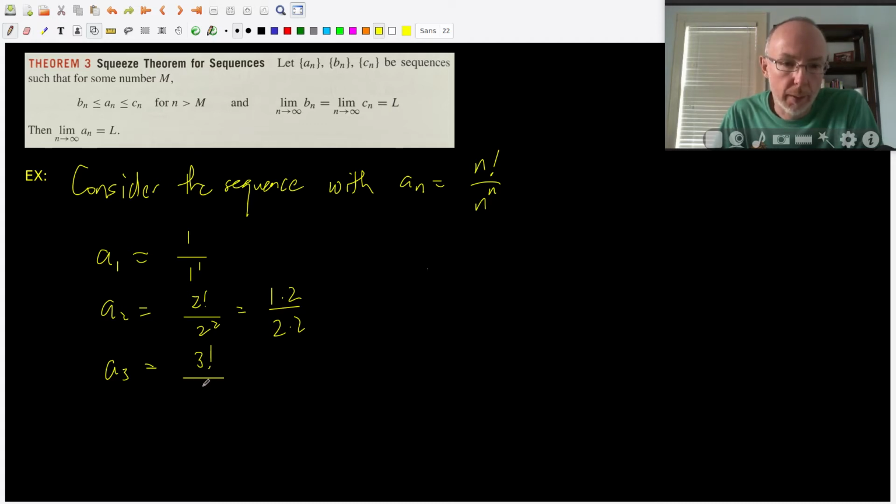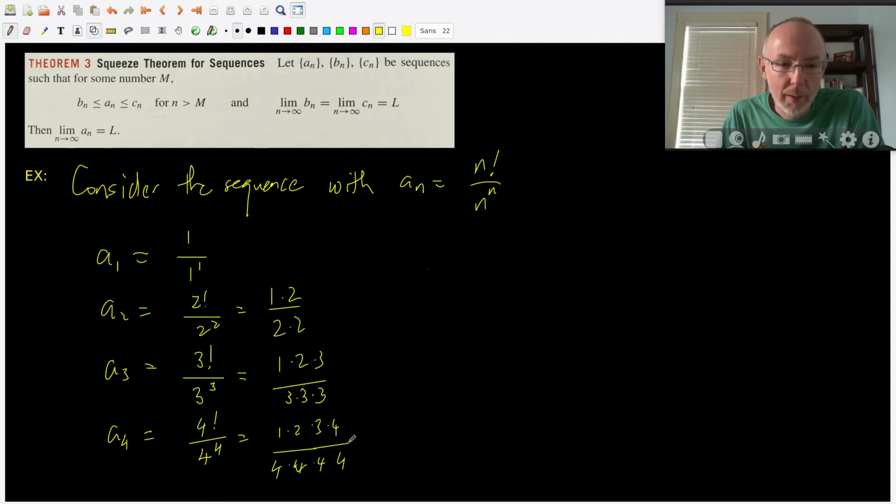No, I'm sorry, 3 cubed. And so that's going to be 1 times 2 times 3, divided by 3 times 3 times 3. I'm just writing this out to get a feel for what's going on. a4 is 4 factorial over 4 to the power of 4. So this is 1 times 2 times 3 times 4 over 4 times 4 times 4 times 4. All right, so there's our, really ugly, there's our first 4 terms.